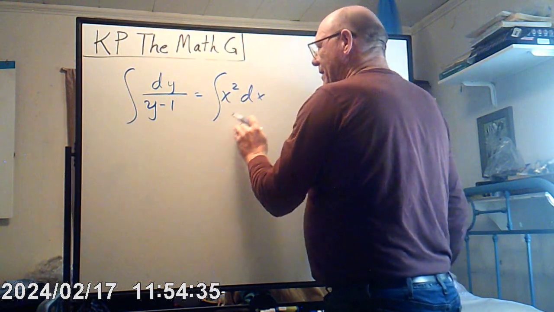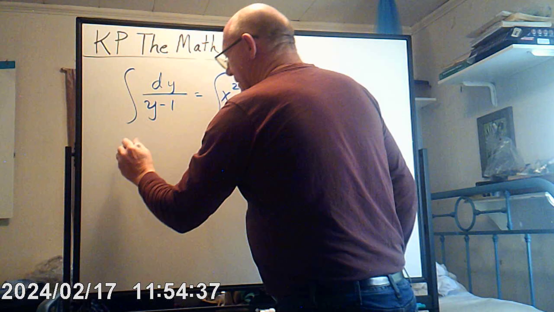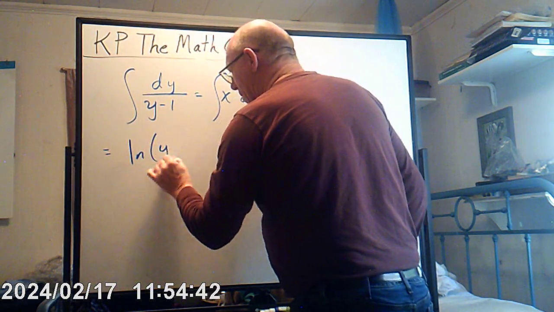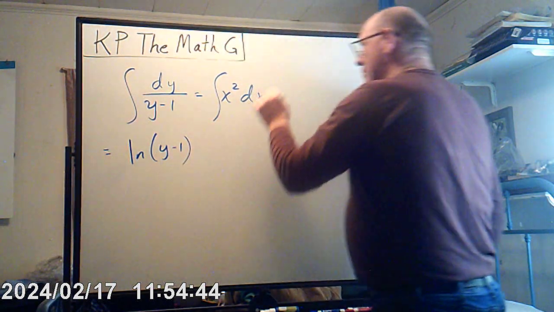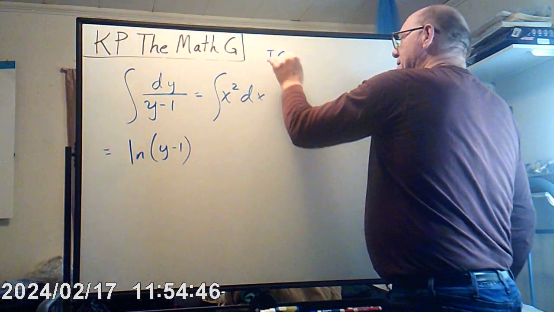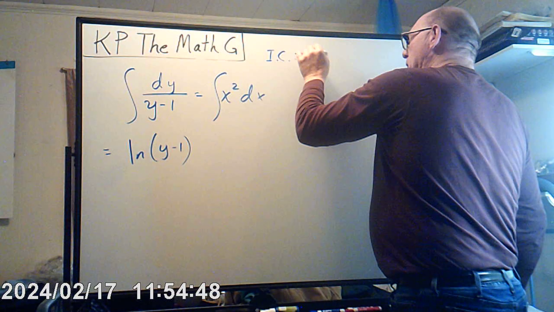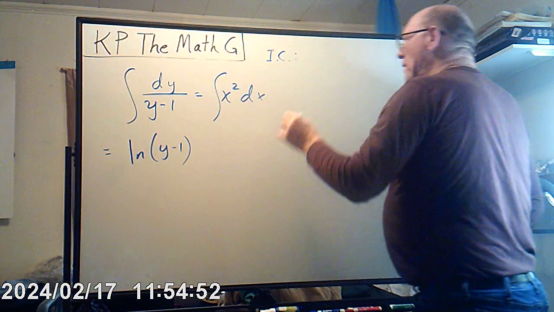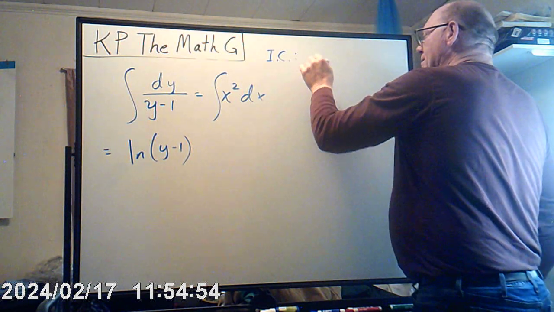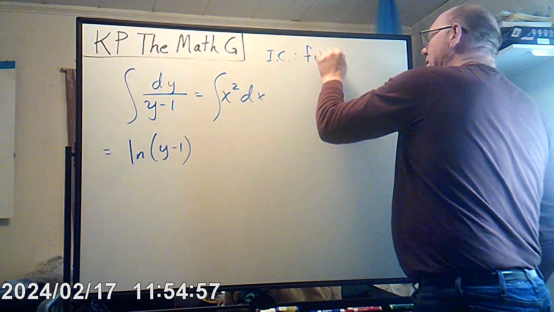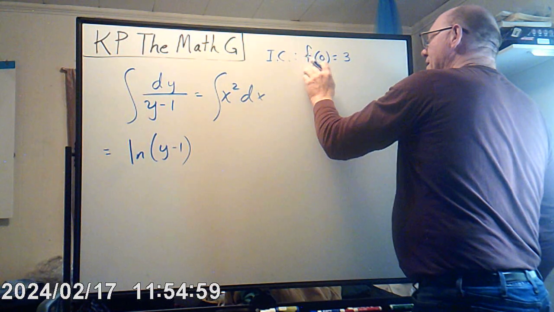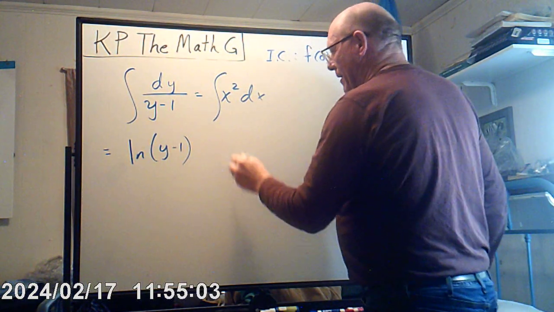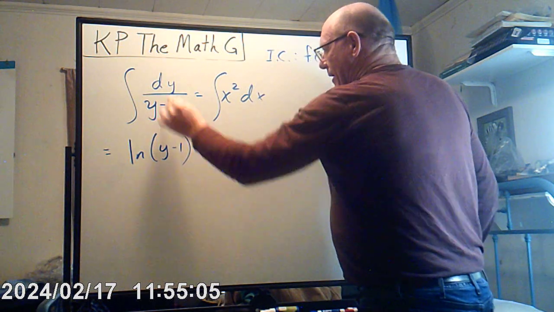This is easy here, but to say this is equal to ln of y minus 1. Now remember, the initial condition is f at 0 is equal to 3. This is ln.